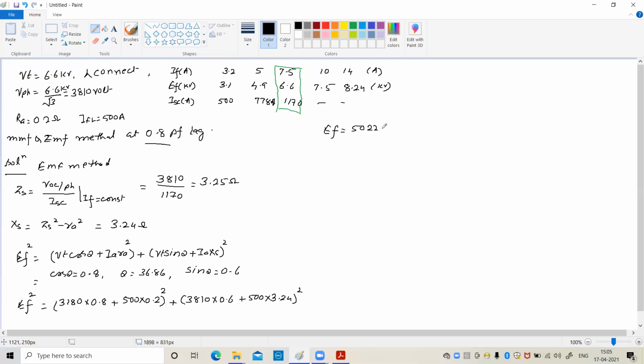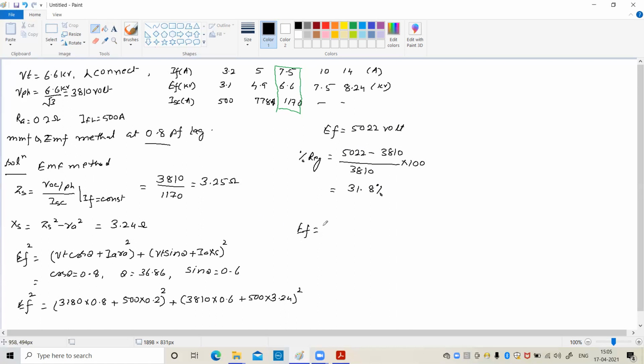It comes to an excitation EMF of 5022 volt, and therefore the percentage regulation is equal to 5022 minus 3810 divided by 3810, into 100, which is 31.8%. Now we can calculate the excitation EMF this way also.